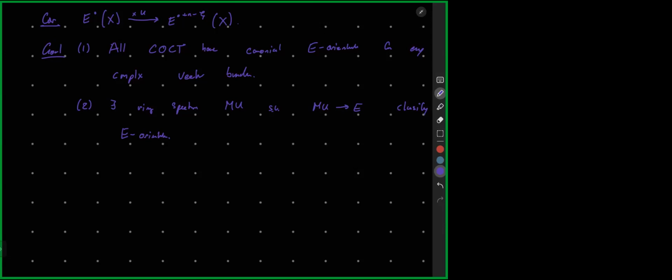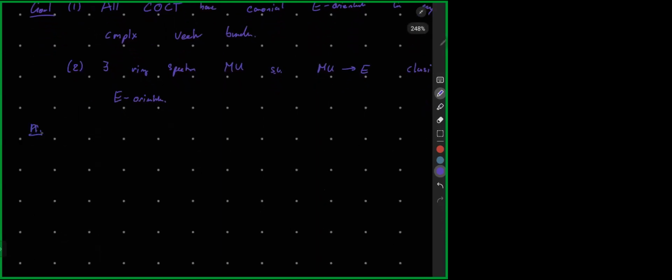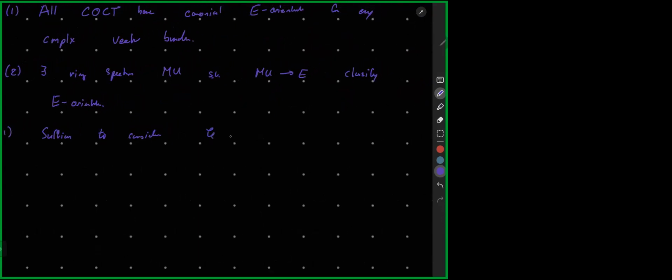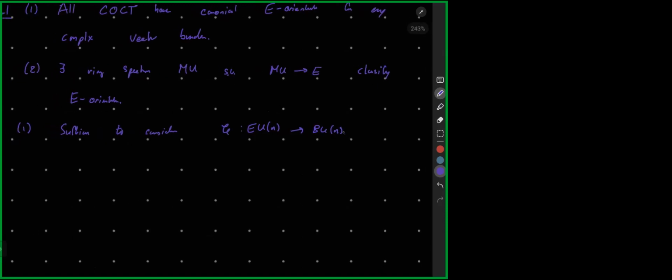So to prove one, it suffices to consider the case for the classifying bundle over BU(n). How do I want to do this?